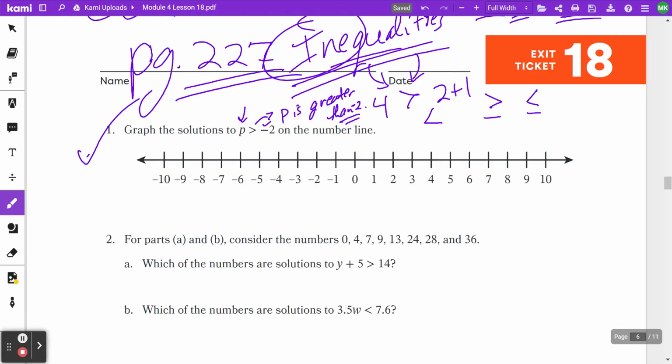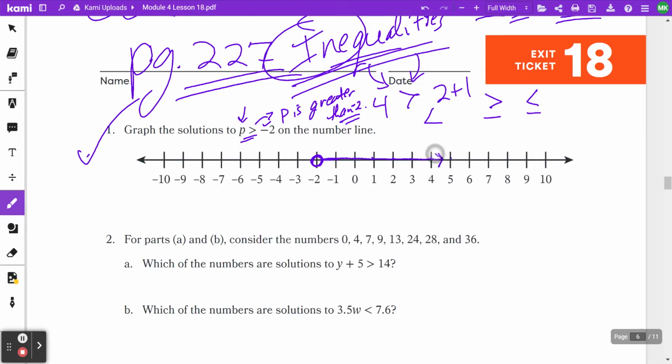What's interesting about that is before we put a solid dot to show that something was -2, but now we need to show that something isn't -2. -2 is not included. So what we do is put an empty circle like that. And since p can be greater than -2, that means -1 counts, 0 counts, 1, 2, 3, anything, -1.5, -0.5, any value to the right of -2 on the number line will qualify.